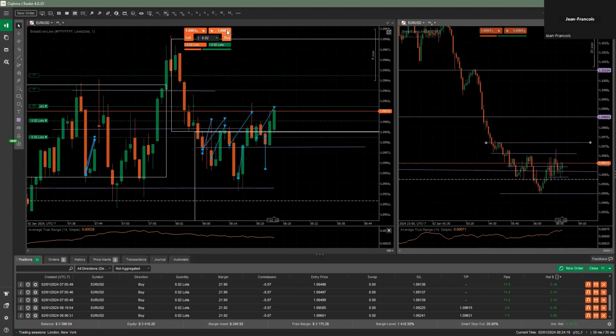Perfect. Just like so. And so now that freed up a trade, freed up some margin, I can recycle that, and I'll do so when it's cheap, right?